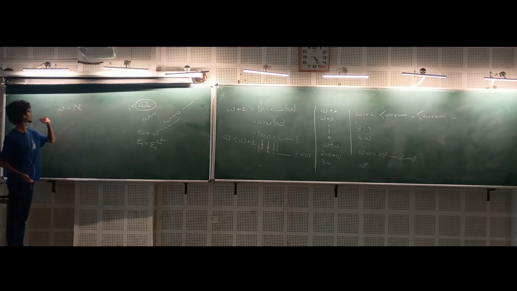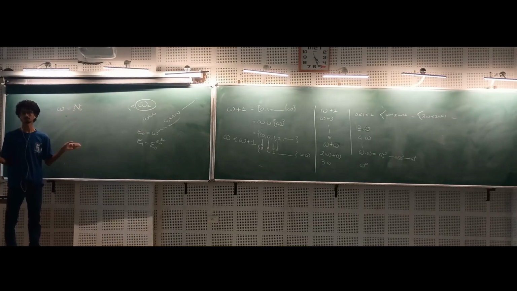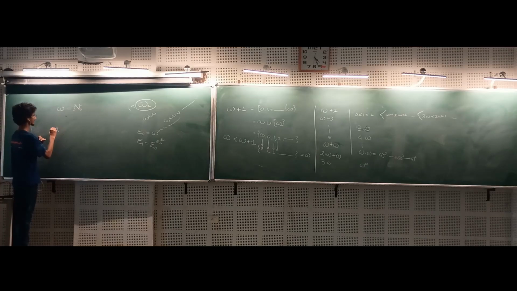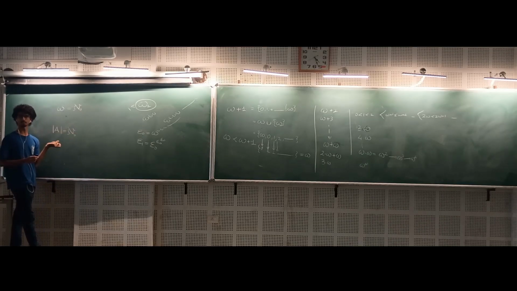Okay, so the first countable infinity. So these are the same sets. Okay, but we forget about the order. What I mean by that is a set A is said to have cardinality aleph naught if there is a bijection between aleph naught and A, right?